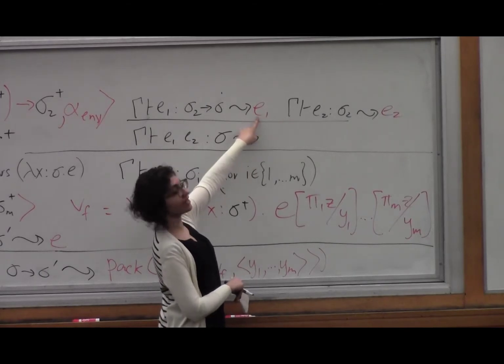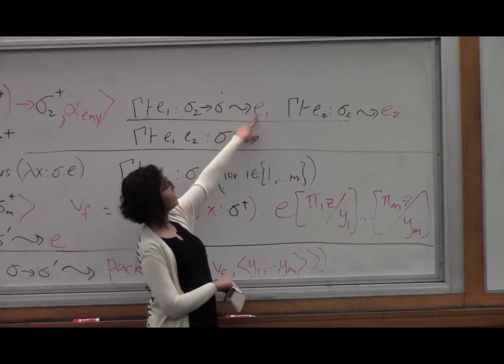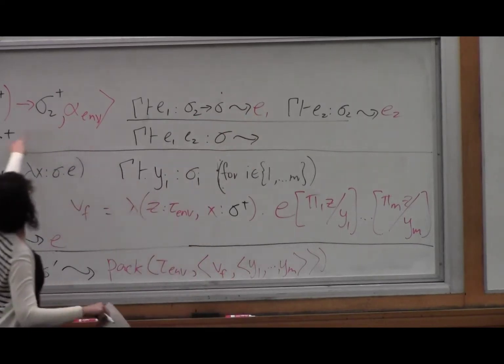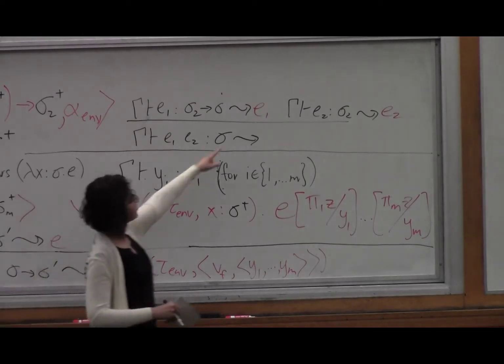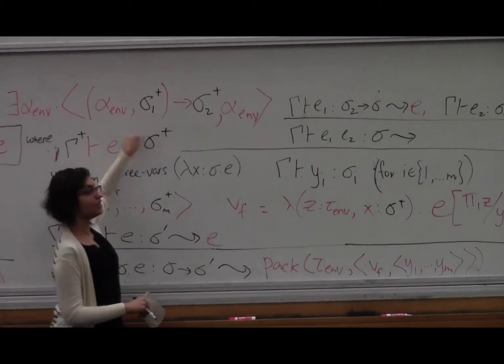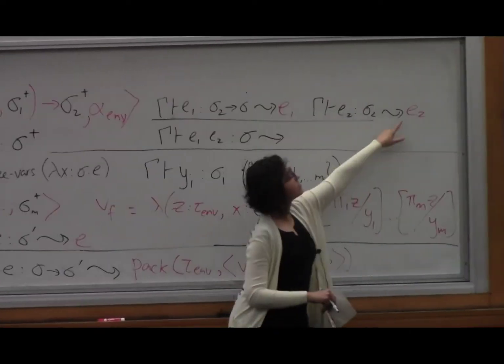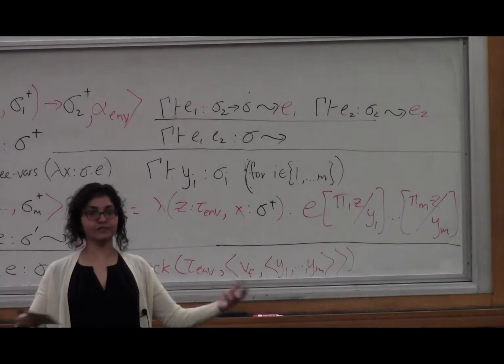What is the type of this red E1? It is the translation of a function type, so it has an existential type. That means inside that existential package is where we are going to find the function that we want to apply to this argument. So we have to extract it first.